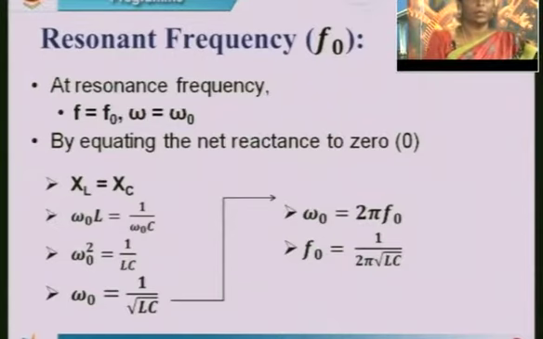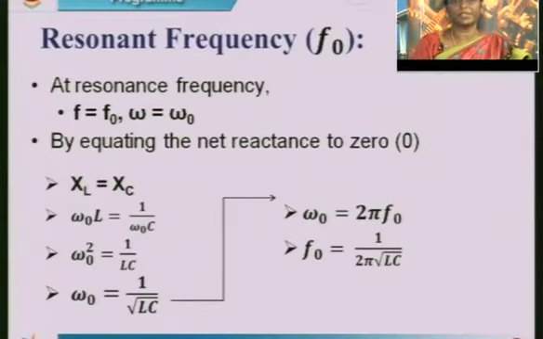Normally we represent omega in radians, and we know that omega naught is equal to 2 pi f naught. So, f naught is the resonance frequency. For a series resonance circuit, the equation for resonance frequency is f naught equal to 1 by 2 pi root LC. Sometimes while solving problems, we need to find omega naught, or omega naught will be given in the problem, so using omega naught you need to simplify the circuit.